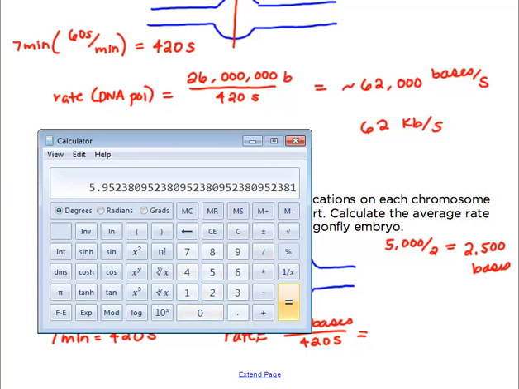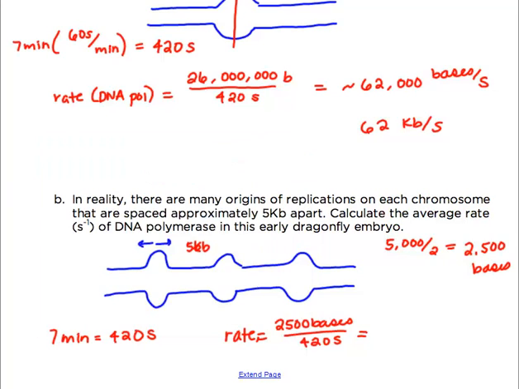And you get approximately 6 bases per second. So as you can see, compared to 62 kilobases per second, this number is more realistic, and this is probably how it works in normal mitotic cell division.